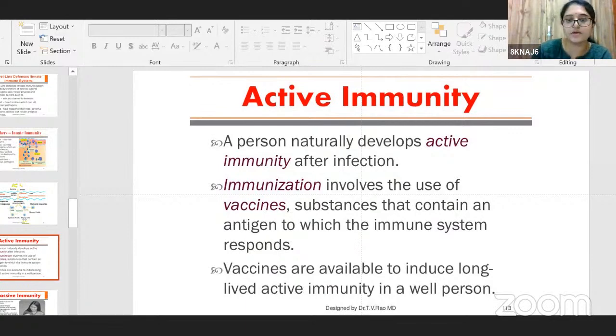This first response is known as active immunity. Artificial active immunity is immunization, which involves the use of vaccines. They're available to induce long-lived active immunity in a person.